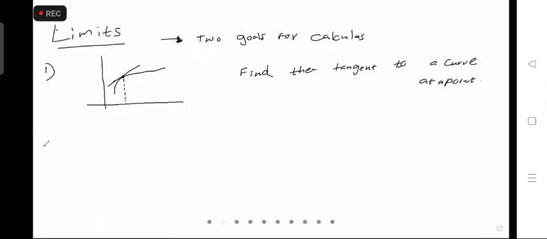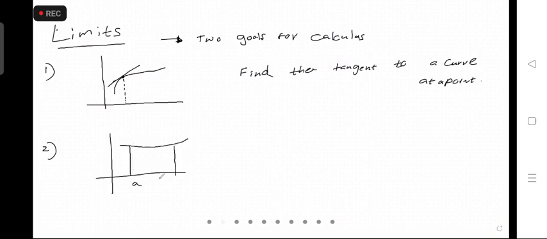Second one, you have a curve, then I mark the area under this curve.